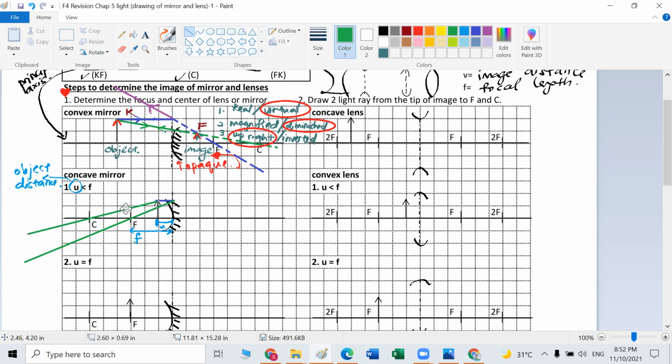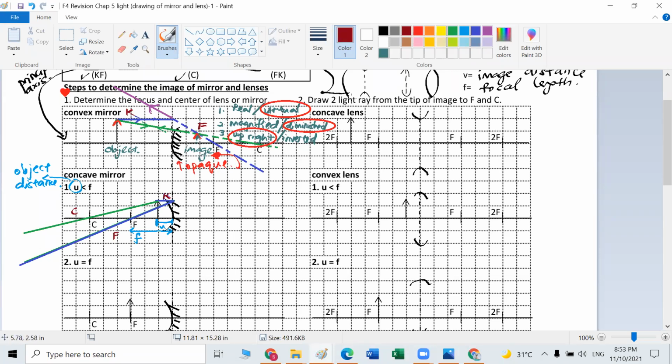Then make sure it's at the right angle, really intersect in between the line. KFC. So can you see that? So this is K, this is K, this is F, pass through F, then C.